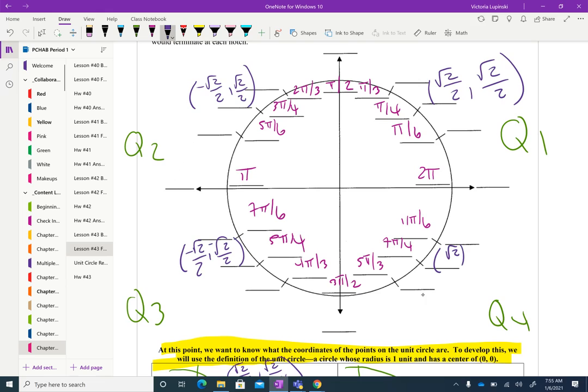That gives you root 2 over 2 and then negative root 2 over 2 here in the fourth quadrant. So make sure you're writing them in the appropriate slots at the pi over 4 positions.